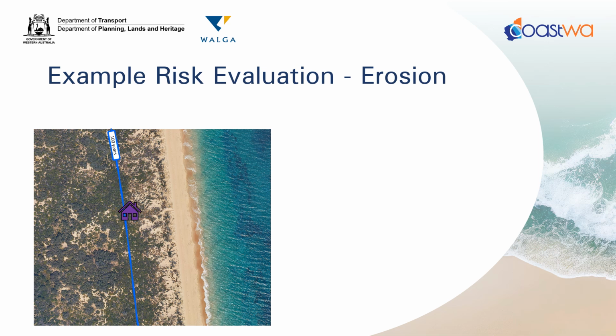So as an example with our erosion risk, if we had, say, a sand bypassing process that was being implemented along this coastline, what that may do is actually change the likelihood by changing where the coastal hazard line sits. If that coastal hazard line now sits in front of the house or seaward of the house that we're talking about, well, then the level of risk is obviously much lower.